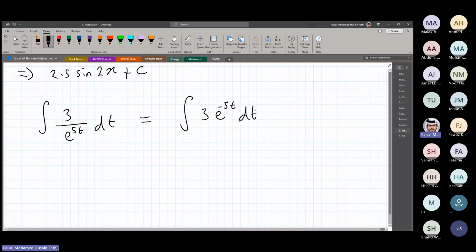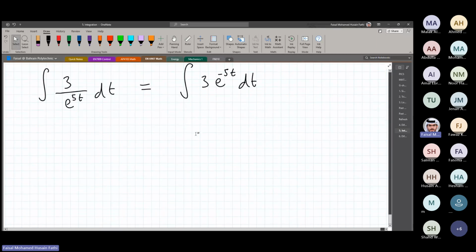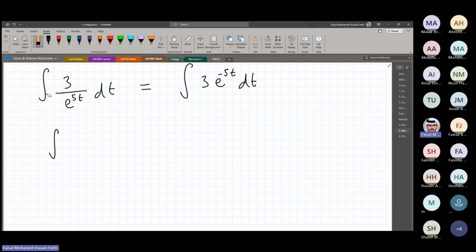I wanted to confuse you, but see, it's very direct. As long as you know your basic algebra, you can solve it. So what was the rule for exponential? Exponential does not change. So we know the first thing in the answer, e to the power minus 5t, will definitely be there as it is. But we have a constant 3 outside, so we're going to multiply by 3.